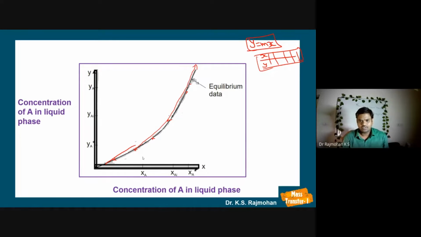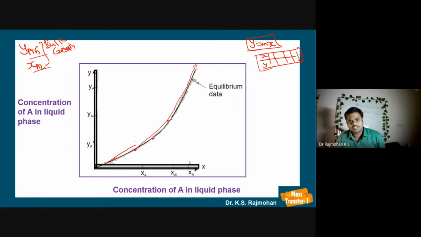As I said, if you know the bulk compositions, we know the YAG value and the XAL value. These two are the bulk concentrations in the gas phase and liquid phase in terms of mole fractions. The first thing to do is take the YAG value and mark it on the y-axis.